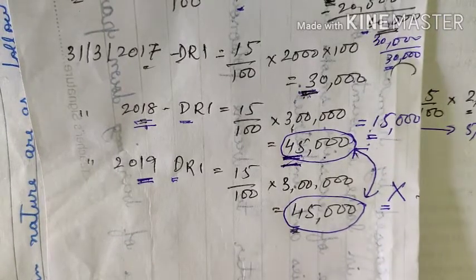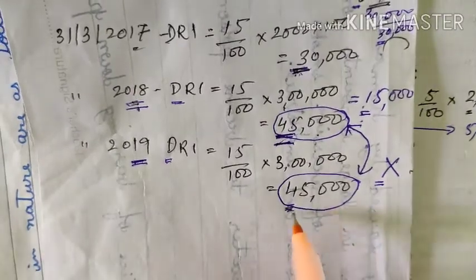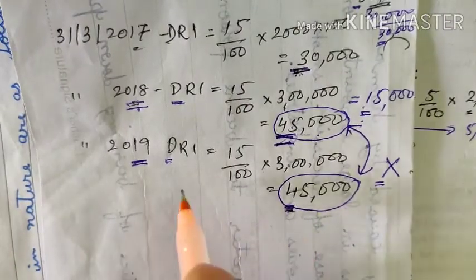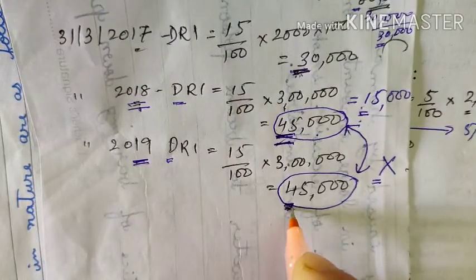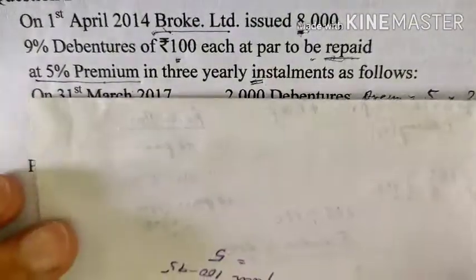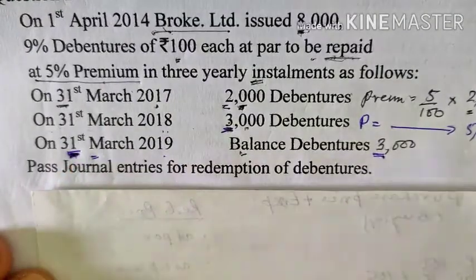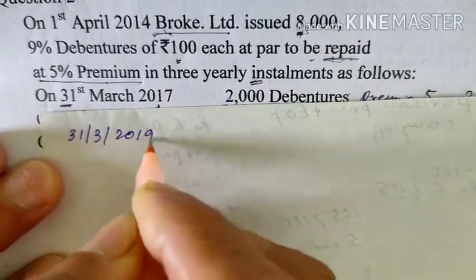So we'll go on to the third one, that means investment realized. Now let's check. This is the last installment, right? So there is no further redemption. So this 45,000 which is invested should be realized now. So you will have the entry for realization of investment, and this will be done on the date of redemption. So the entry will be on 31st March 2019.